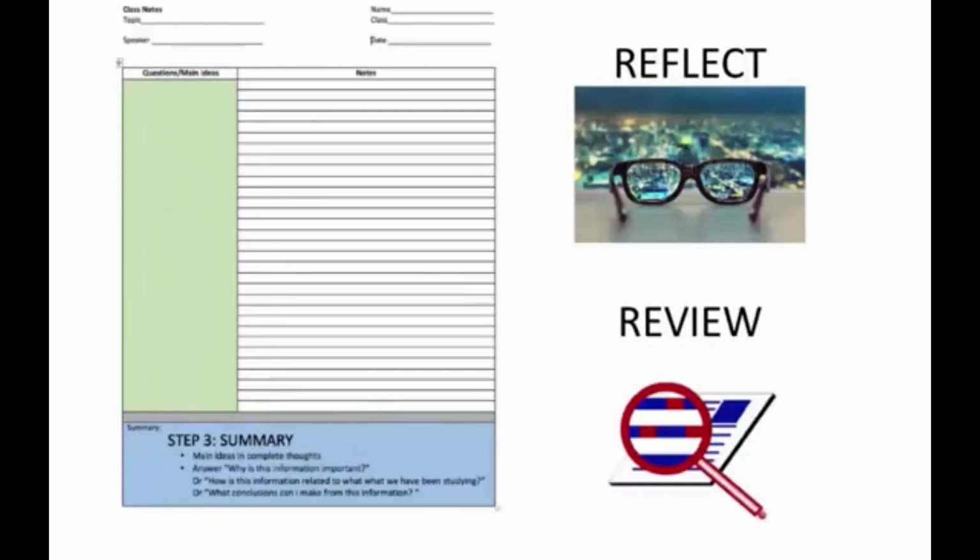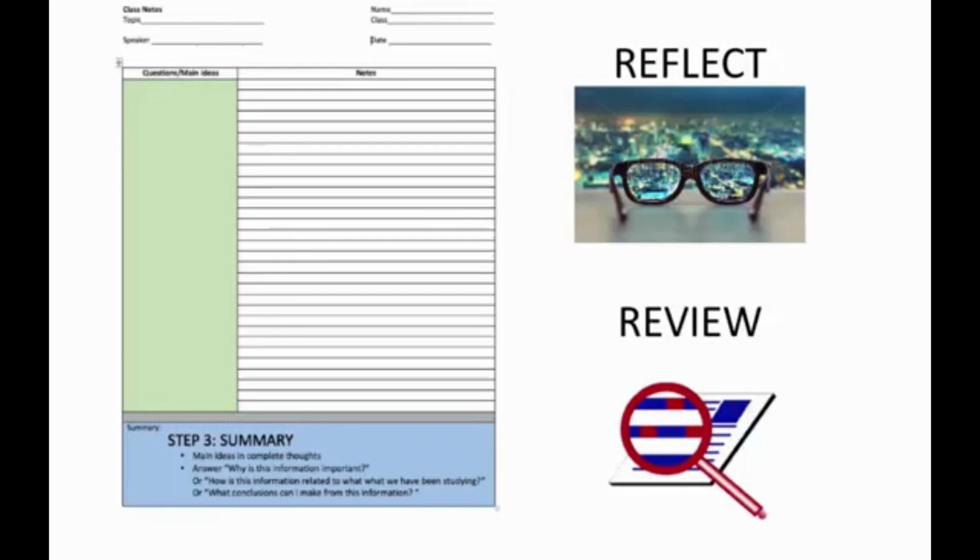Step 3, summary. The third step is to write a summary from your lecture notes in the blue box at the bottom. Write the main ideas in a complete thought. This should be done ideally for homework on the same day as the lecture. By writing a summary, you're reflecting on and reviewing the main ideas. This section should be written again in complete sentences and should answer questions such as, why is this information important?